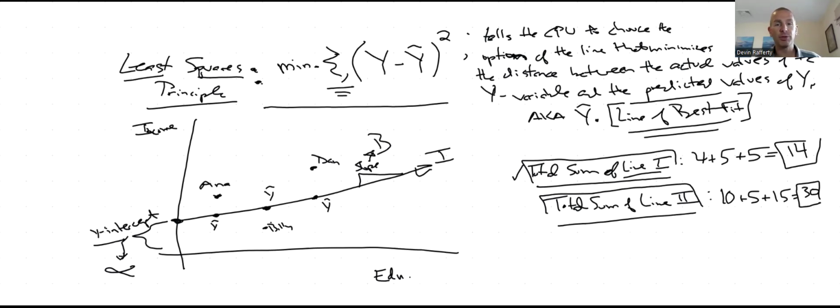The computer will actually calculate the line of best fit. Of all your data points, it will calculate the line of best fit. It will calculate a line that minimizes the distance between actual values and predicted values of the y variable.